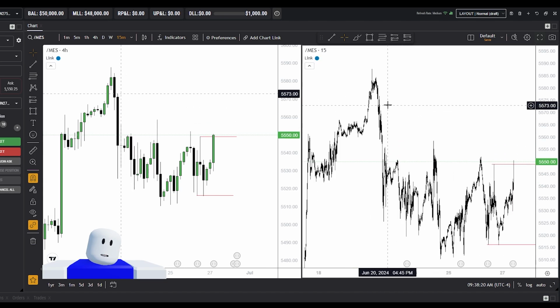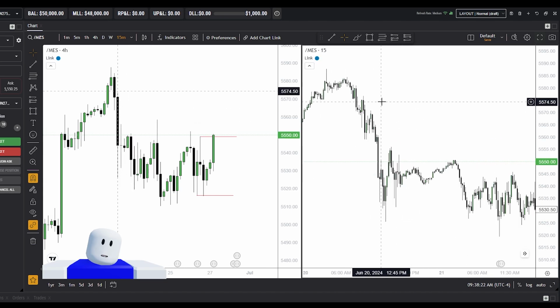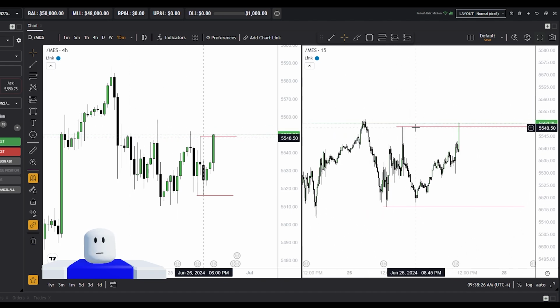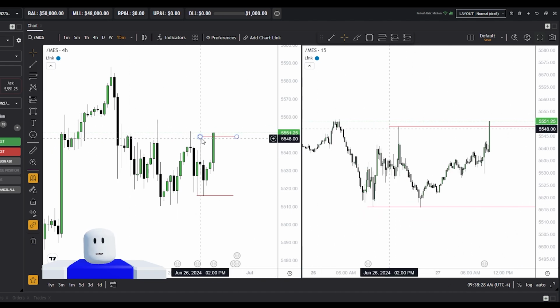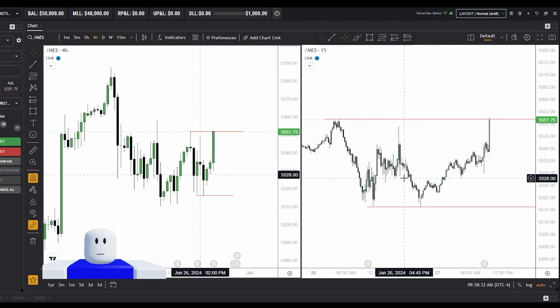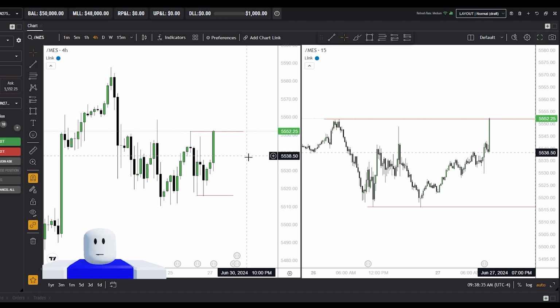It's already been traded into. And speaking of which, price took out this high. Looks like price took out this high too. Yep. Price taking out a lot of highs.